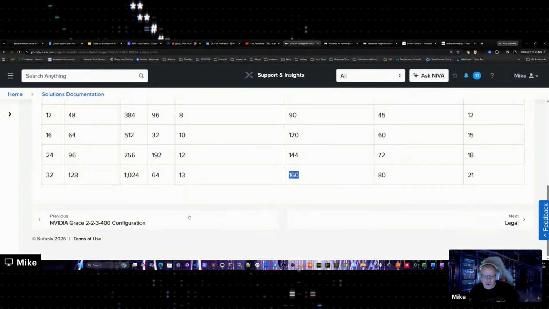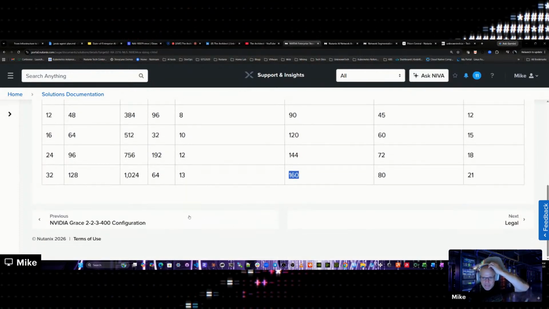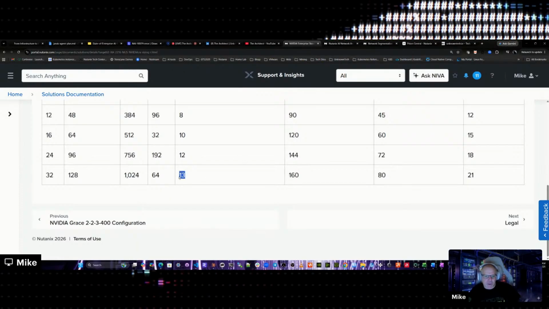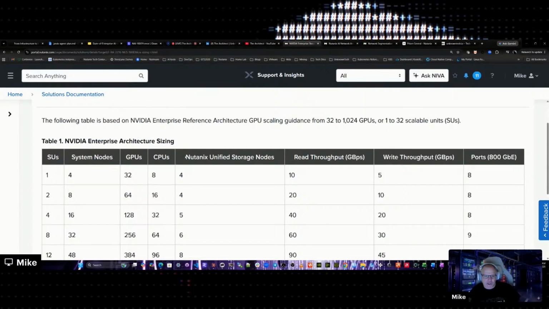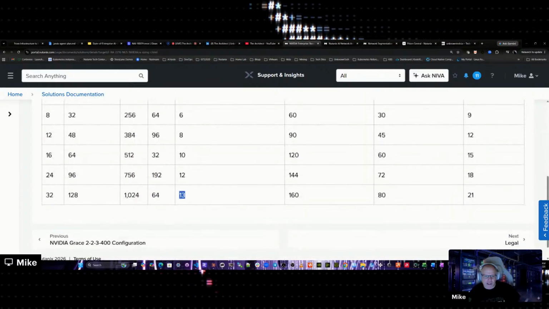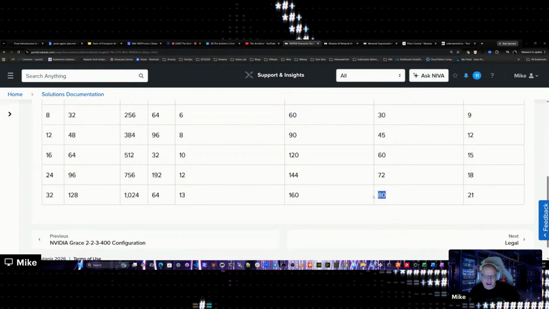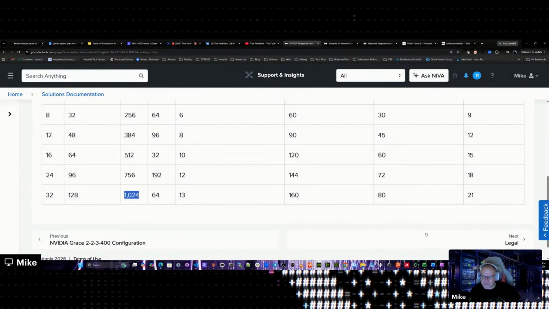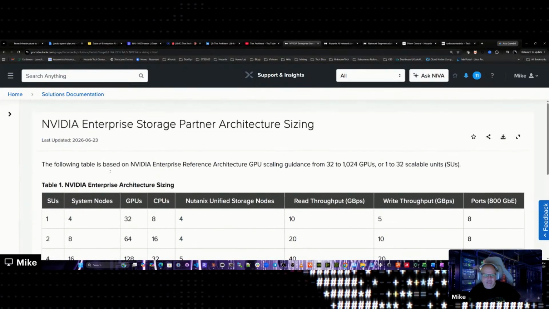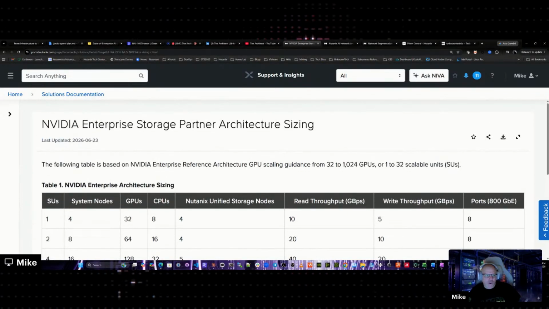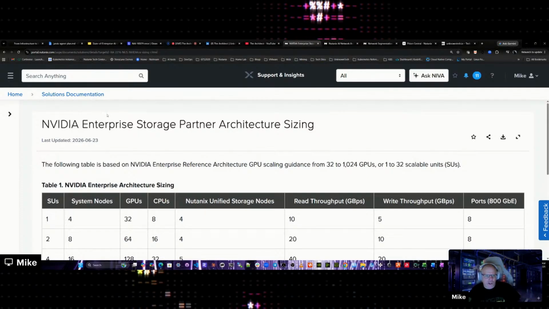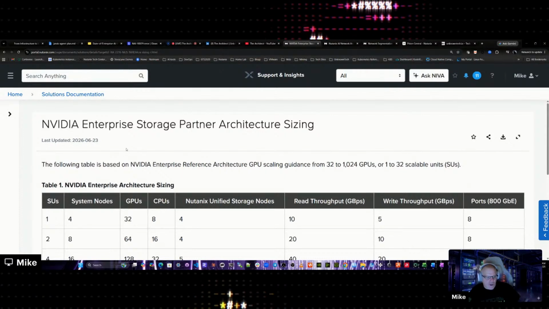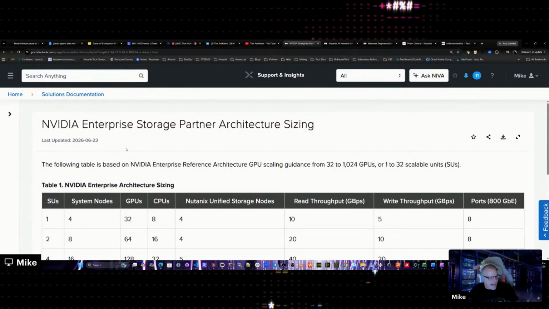Okay. So the bottleneck will not be storage. We're giving you massive throughput, and we're doing this, by the way, in 13 nodes. So 13 Nutanix unified storage nodes are delivering this optimized platform supporting up to 1,024 GPUs.